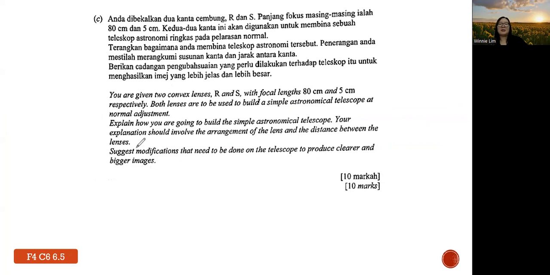Now, basically for this question, if you want to draw out the ray diagram for the telescope, you can also do that, but of course it cannot get 10 marks. You need to elaborate a bit on the modification from this point. But from the idea of this telescope, if you are able to draw it out, you get some points already.